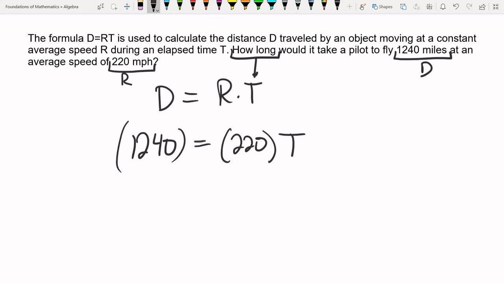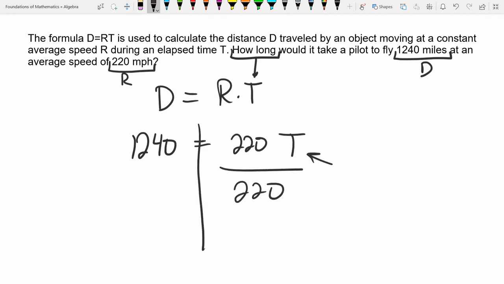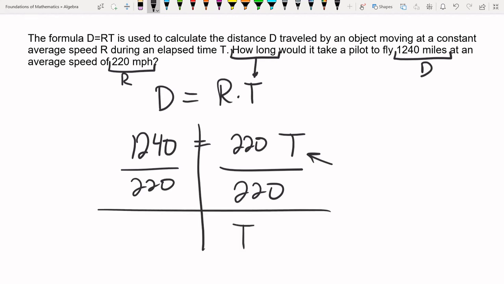Well, in this case, we have just a two-step equation. The parentheses here, we can drop them. It's the exact same expression here. And you see that T and 220 is multiplying. So to get it by itself, all we have to do is divide by 220. That gives us T equal to 1240 divided by 220.